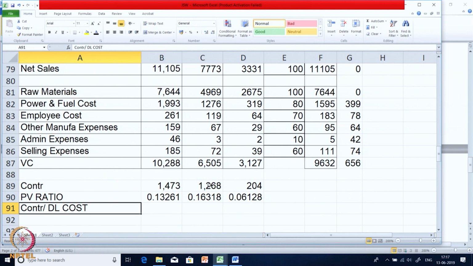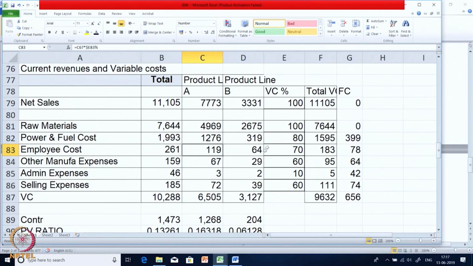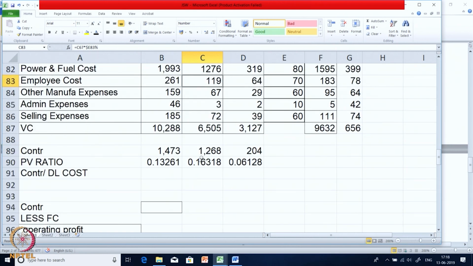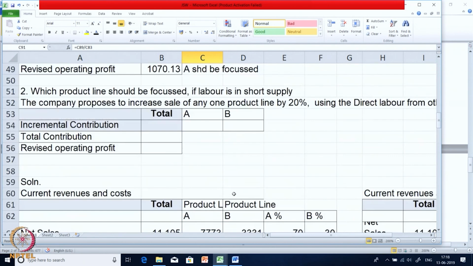So let us calculate the contribution per direct labor cost. We know the contribution individually for A and B. You also know the employee cost. Now this is the variable portion of employee cost, so it is nothing but the direct labor cost. You can divide it and get the contribution per direct labor cost separately for A and B. You will realize that it is very high for A. So A continues to be the favorite.